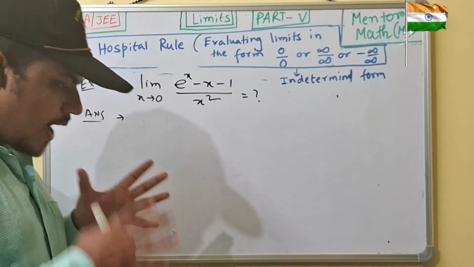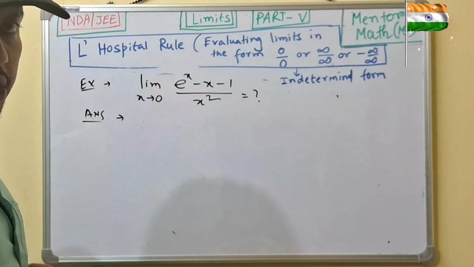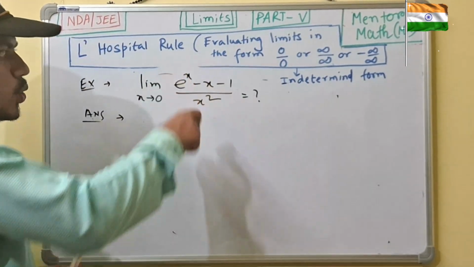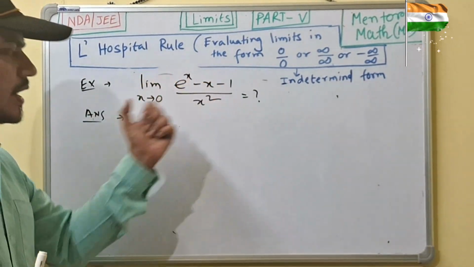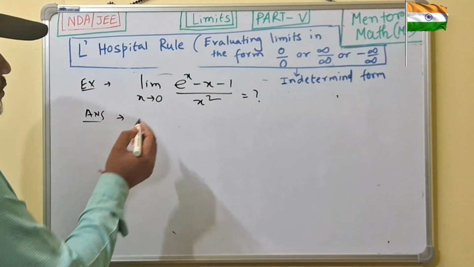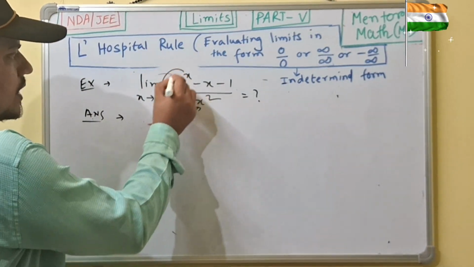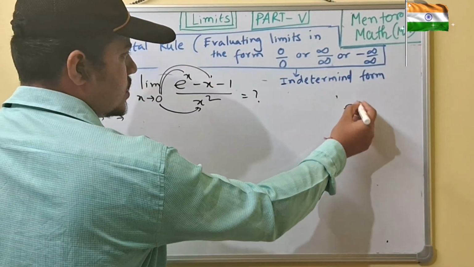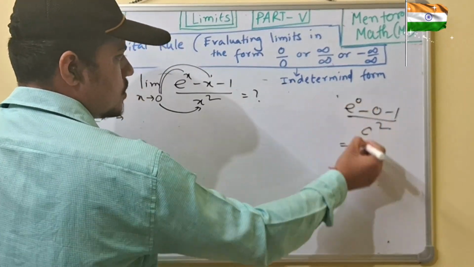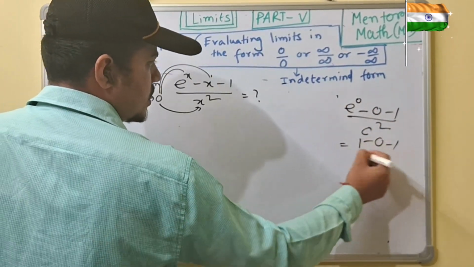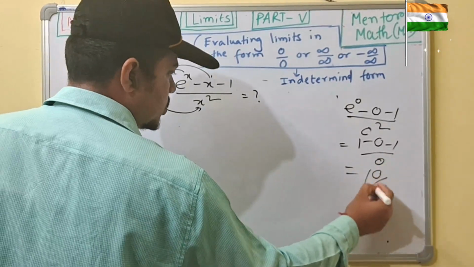Okay, copy please. Next, another problem: limit x tends to 0 of e to the power x minus 1 by x square. We have to find the limiting value of this expression. Obviously this expression is in P(x) by Q(x) form, that is a rational form, numerator by denominator. If you substitute x by 0, the value is e to the power 0 minus 1 by 0 square. Something to the power 0 is 1, so 1 minus 1 by 0, that means obviously 0 by 0 form.